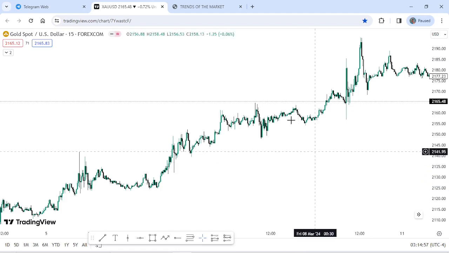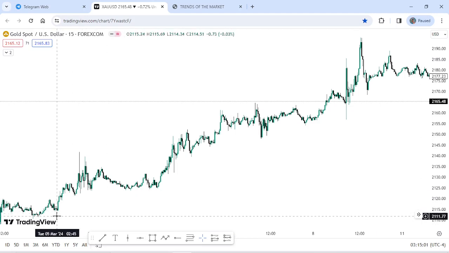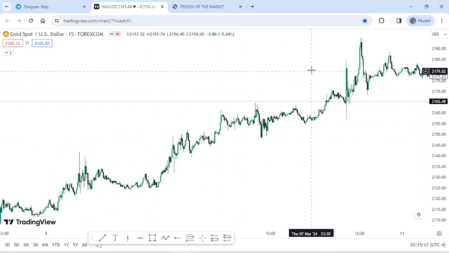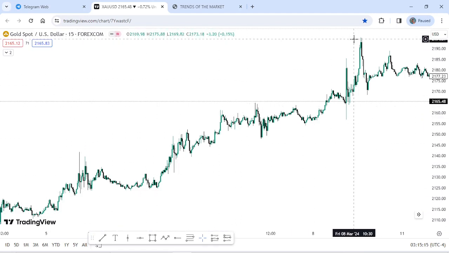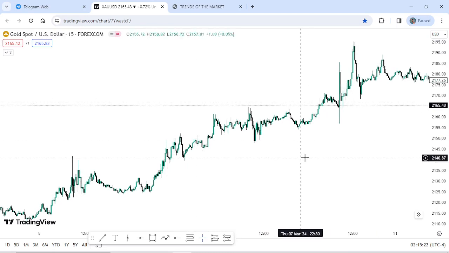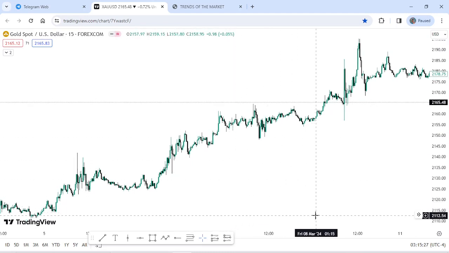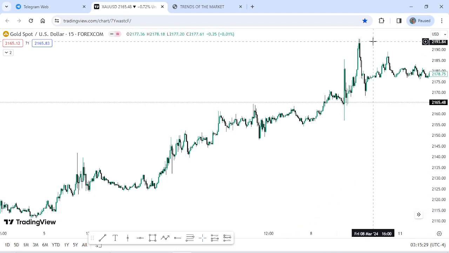First of all, if you watch my cursor right here, for example at the extreme right, you will see that price used to be 2110.85, but as price kept trending higher and higher, the highest point of this chart is 2194.77. So if you had bought this gold at 2112, for example, you'd be making profit at this point.